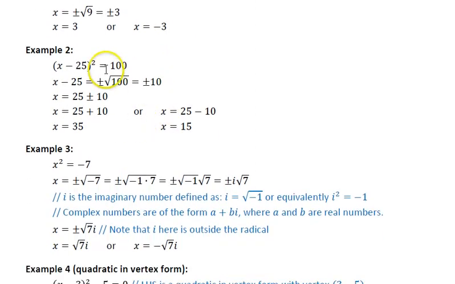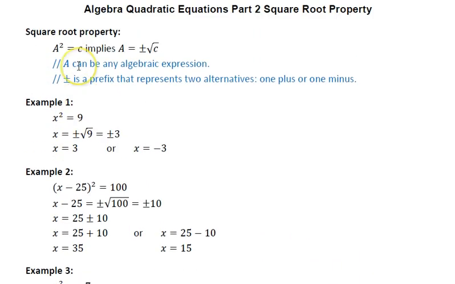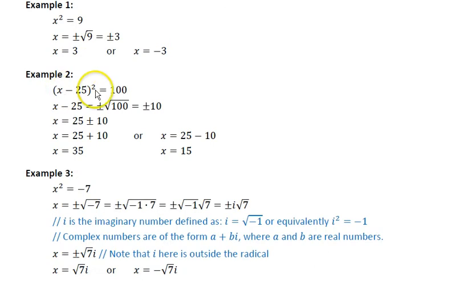In example 2, we have a binomial squared. X minus 25 is the capital A here in the square root property for this pattern instance. Dropping the square and taking the square root and plus or minus, this becomes x minus 25 is plus or minus the square root of 100, and that's equal to plus or minus 10.